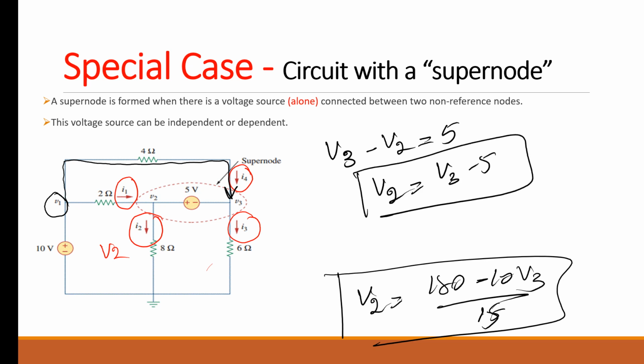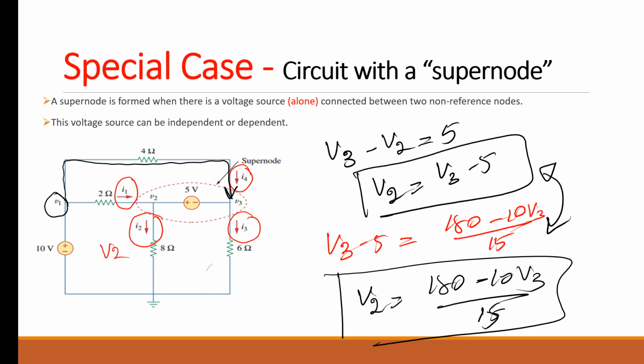So with these two equations, we have two simultaneous equations, we can solve these two and we can find V3. So let's find V3. I'm going to write it somewhere here. So we can say V3 minus 5 is equal to (180 minus 10V3) over 15.